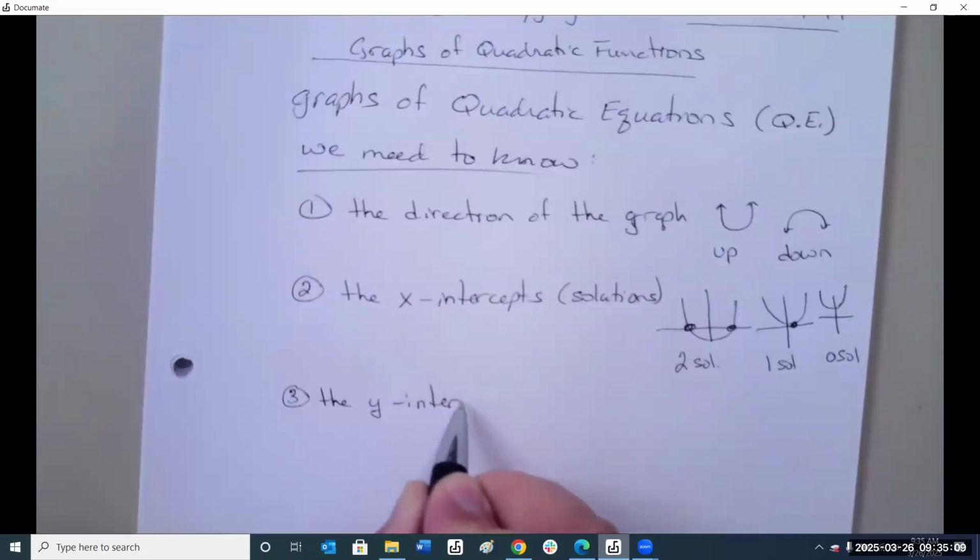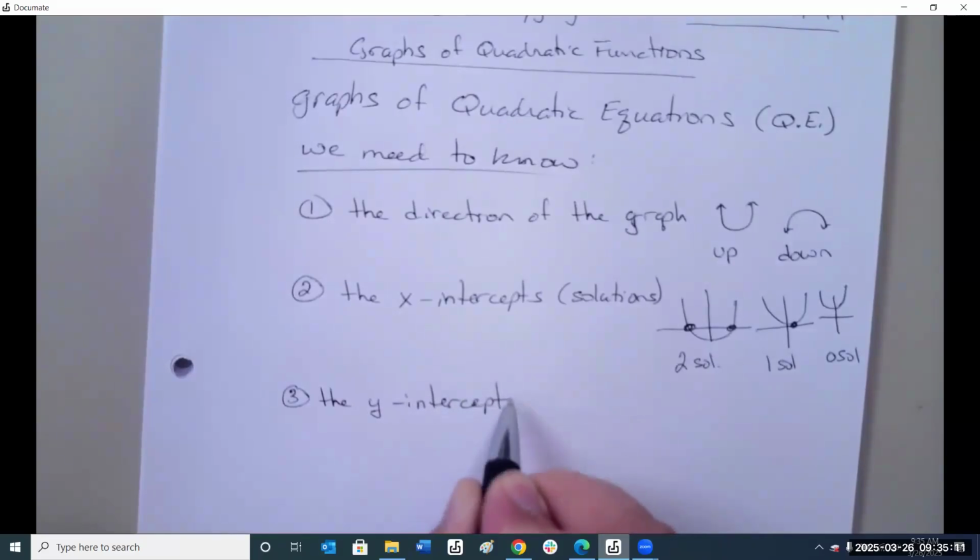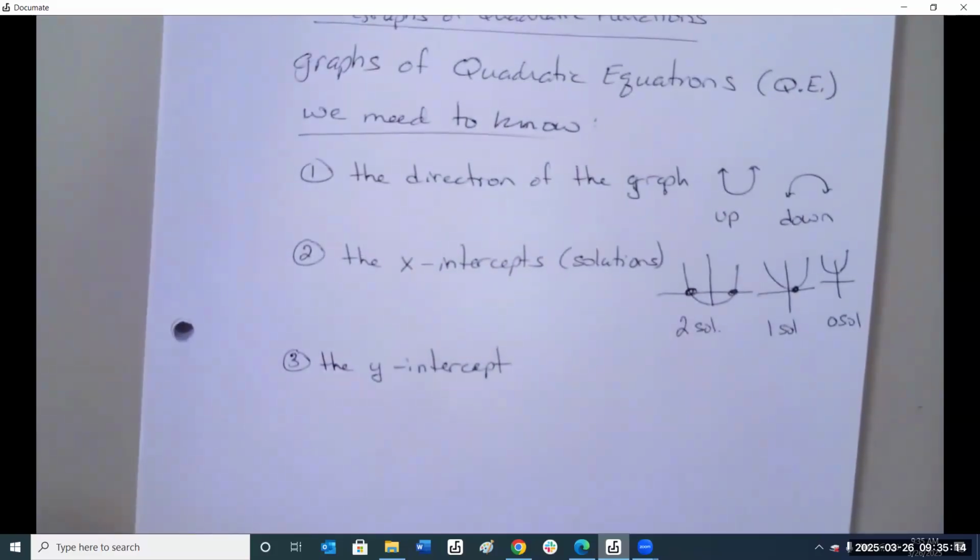Three, the y-intercept. You have to have a y-intercept. It has to cross the y-axis somewhere.